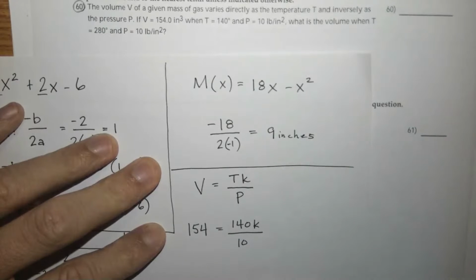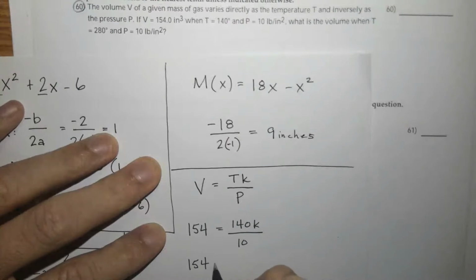This is 10. All right, so divide this by 10, we get 14K. And we can divide both sides by 14. We get 154 over 14.